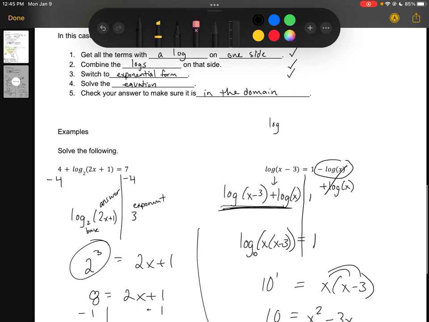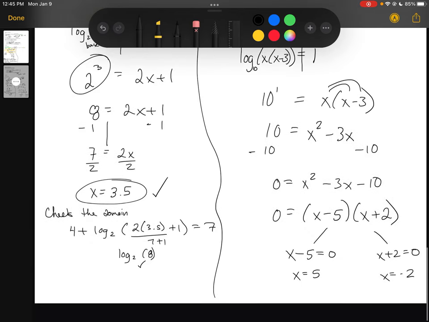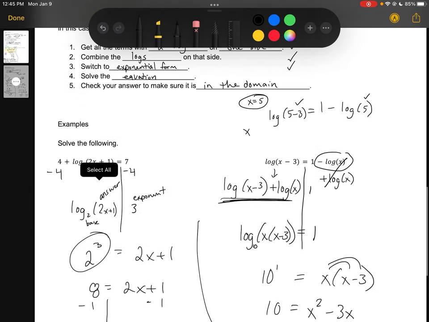So we can have the log, again, positive 5 and negative 2 of 5 minus 3. So here, 5 minus 3 is 2. So x equals 5 is good. And then let's try it for negative 2.